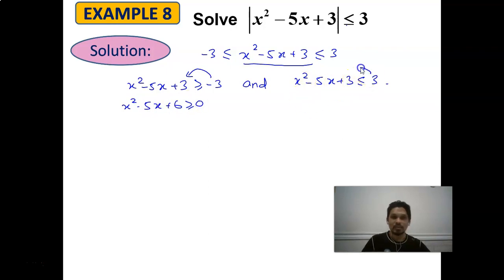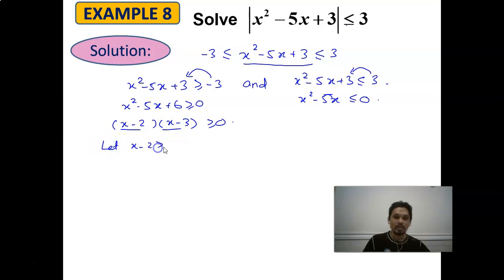And for this one, the 3 becomes negative, then x squared minus 5x, 3 minus 3 equals 0. For the first, factorize: (x - 2)(x - 3) greater than or equal to 0. Assume these two are positive: x - 2 greater than or equal to 0 and x - 3 greater than or equal to 0, then x greater than or equal to 2 and x greater than or equal to 3.